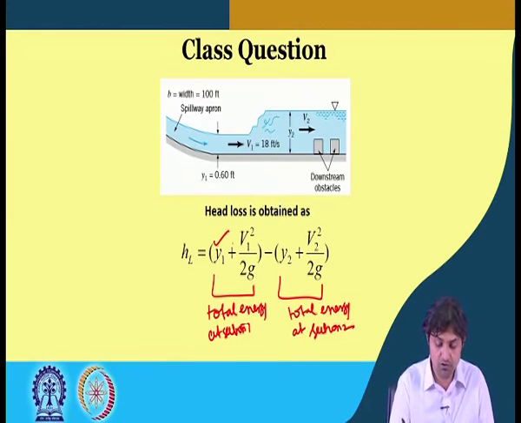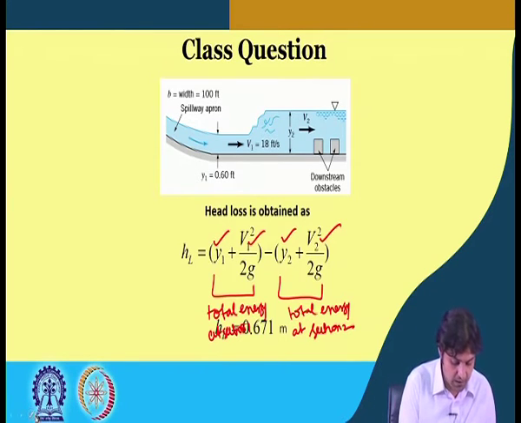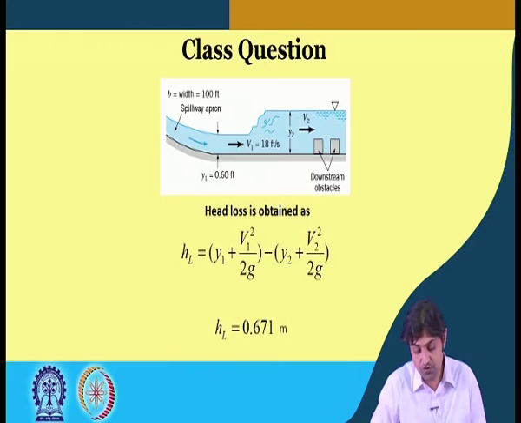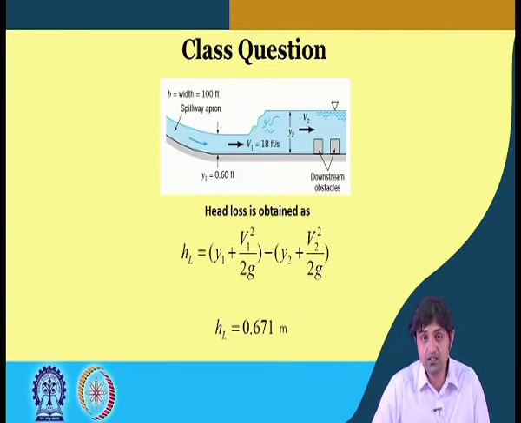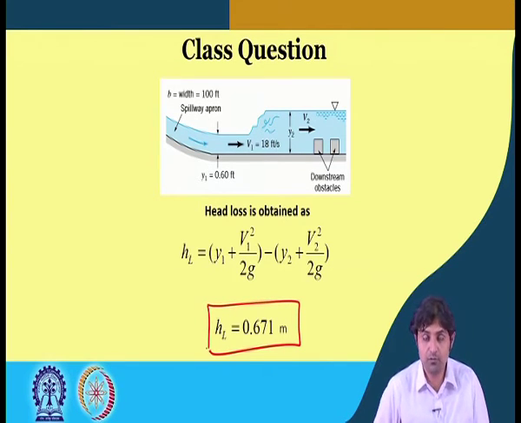Y1 we know from before, V1 we know from before, Y2 we have calculated, V2 we have calculated. All right, and after substituting in the values, you see the head loss, that is the energy loss in terms of head, is 0.671 meter. This is the simplest and the most common type of problem in hydraulic jump, which are the type of questions you also will be expecting in your assignments and exams and competitive exams especially.